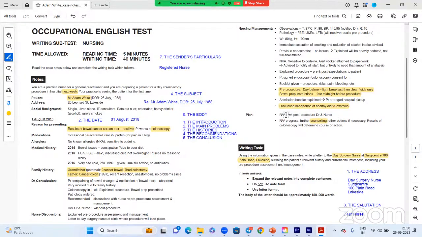So this point, a review, an appointment for review after 1 week by the doctor and nurse has been scheduled. So you can write like this.